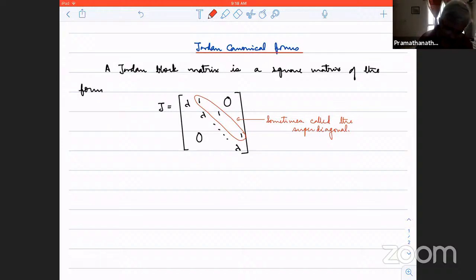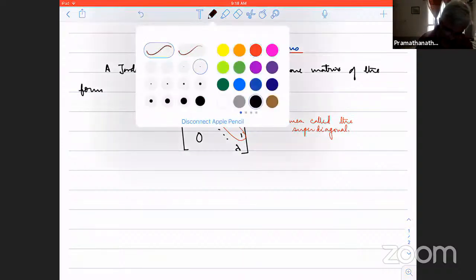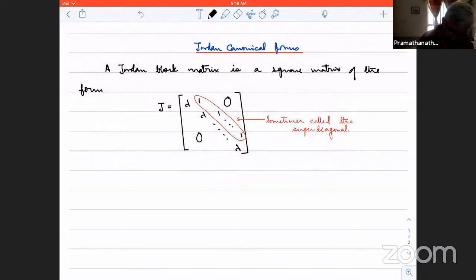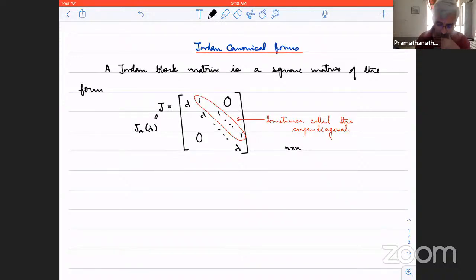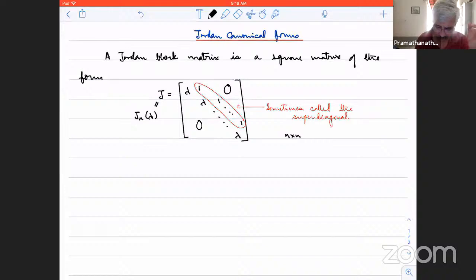So if you want to be more precise about what to call these things, you can actually put in all kinds of decorations. If it's n cross n, then you say J n, lambda, etc. You can put decorations to indicate what other things it depends upon.